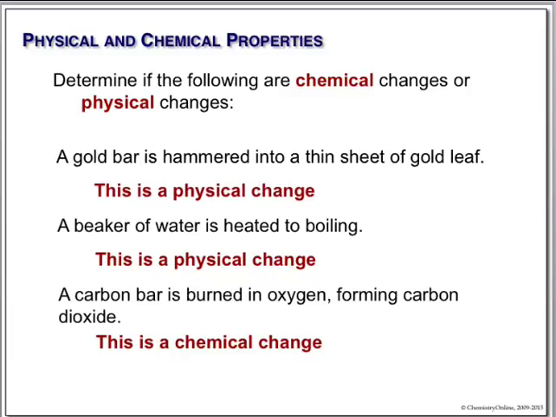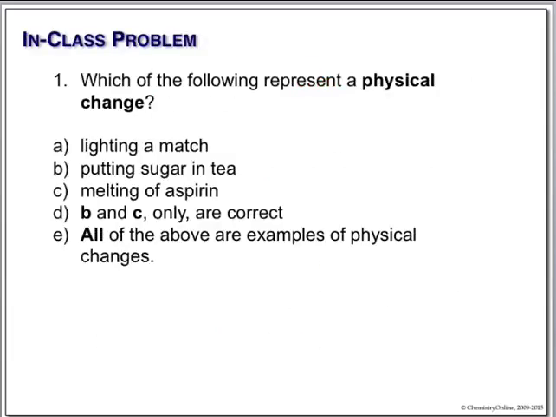Look at some exam questions here. Which of these is a physical change? Well, lighting a match, clearly we start with a match and wind up with ash, right? That's chemical.